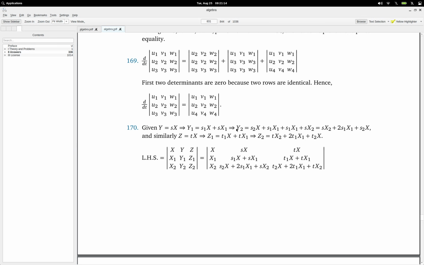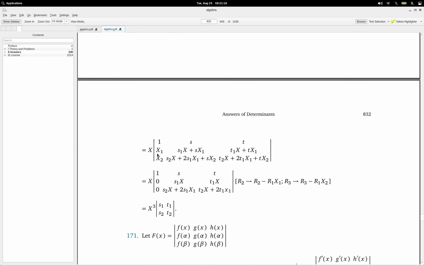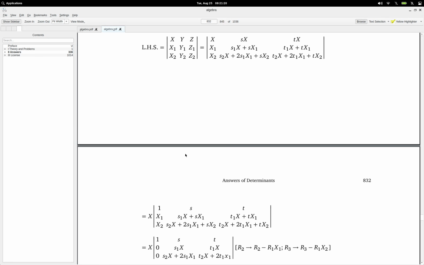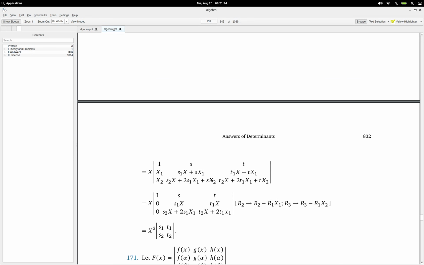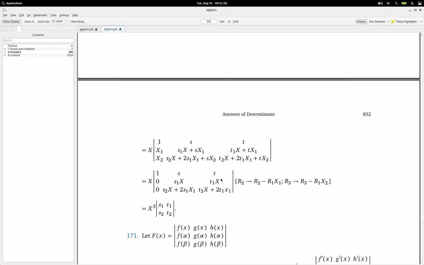We substitute for Y1, Y2 and Z1, Z2. Once we do that, we take x common from the first row. It becomes 1, S, T, and the second and third rows remain the same. Now we do R2 is equal to R2 minus R1 times x1, and R3 is equal to R3 minus R1 times x2.